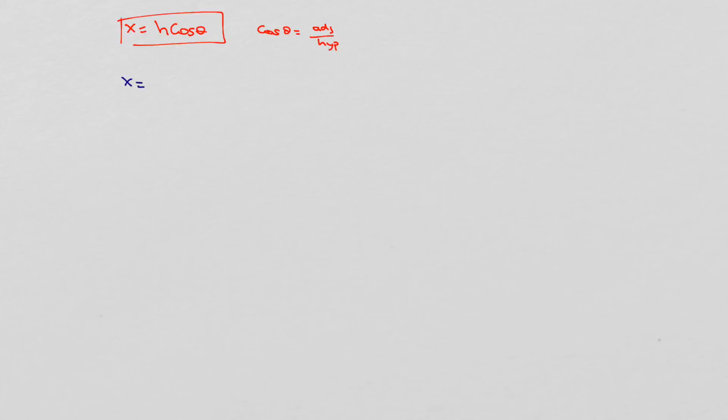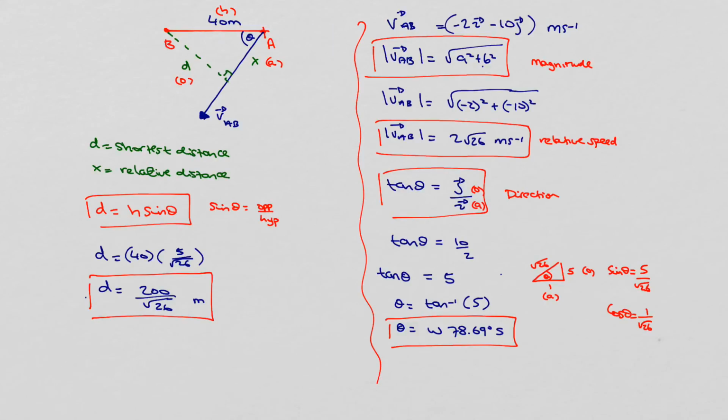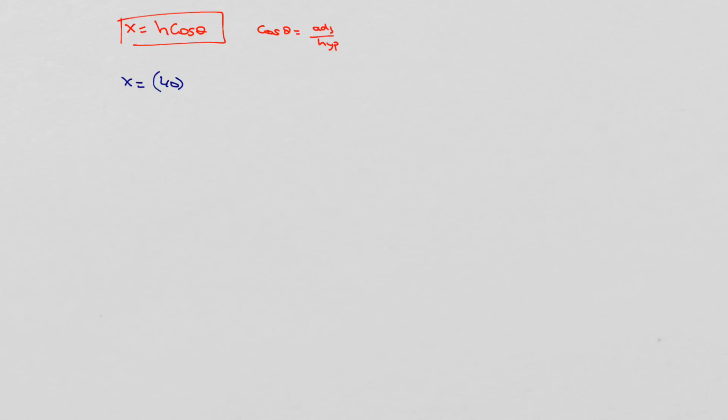So our relative distance is equal to our hypotenuse, which we said was 40, times cos theta, which was 1 over root 26, or of course you can use cos 78.69. So our relative distance is basically 40 over root 26 meters. That's our relative distance when they are nearest each other.